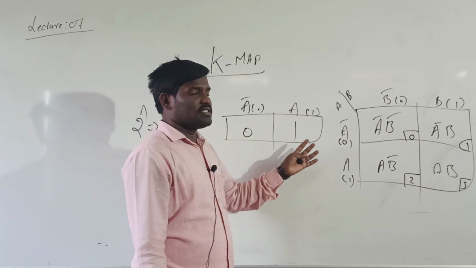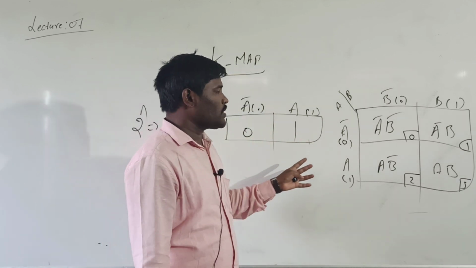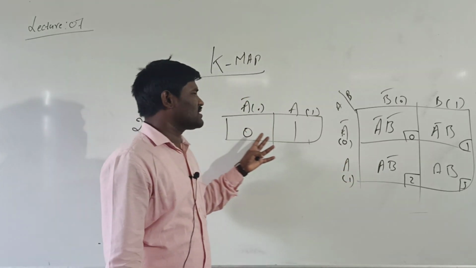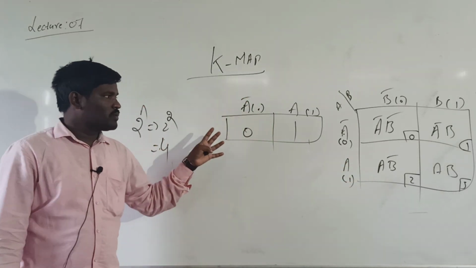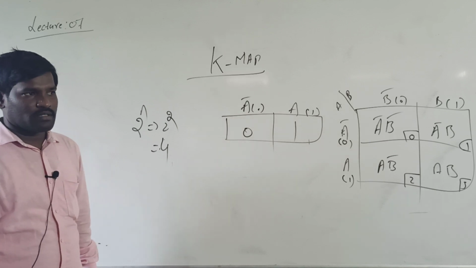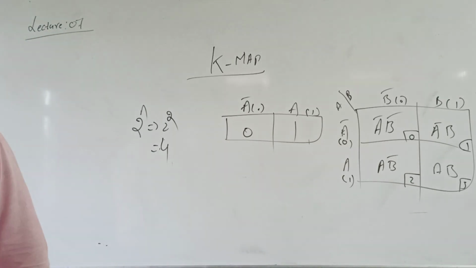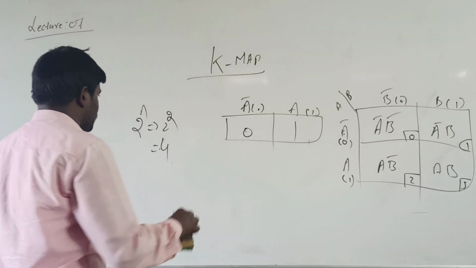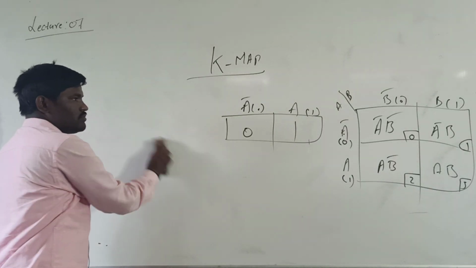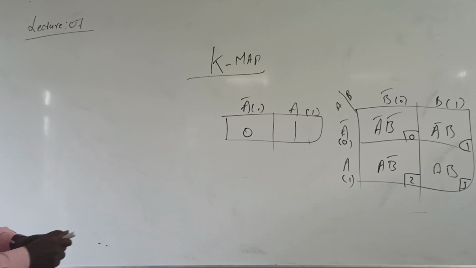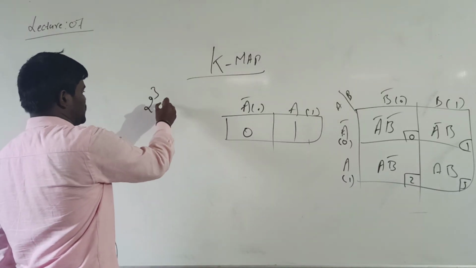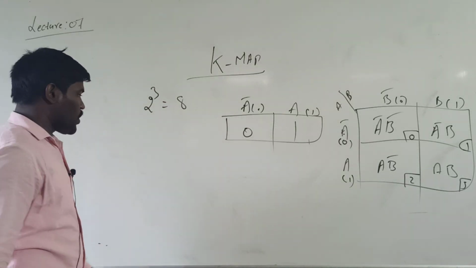So this is the general K-map for two variables, and this is the general K-map for a single variable. Next is 3 variable. 3 variable means 2 to the power of 3, that is 8 square boxes.